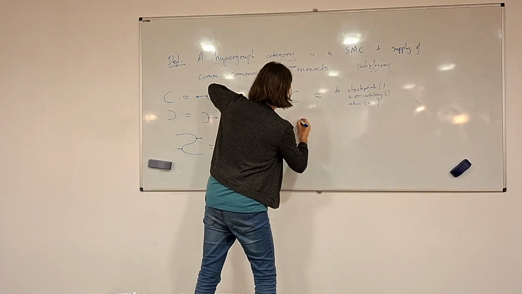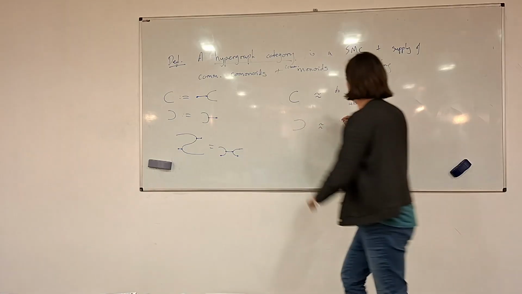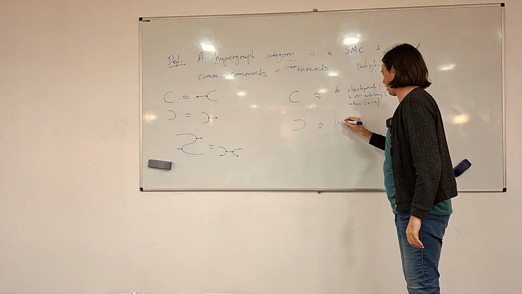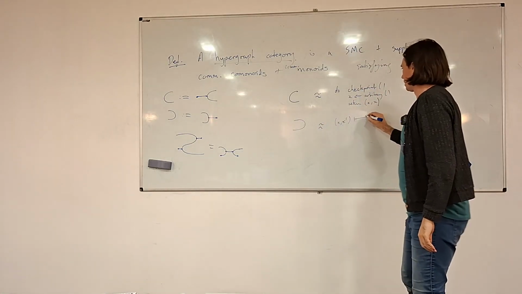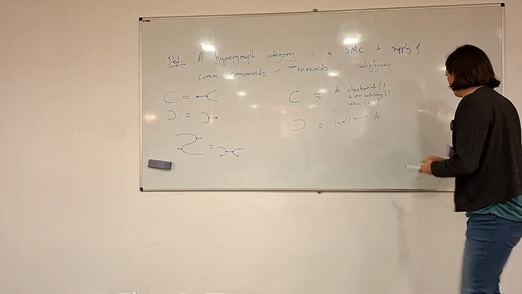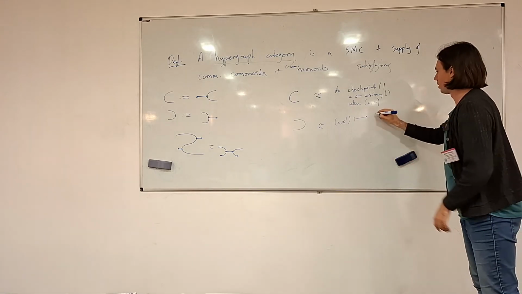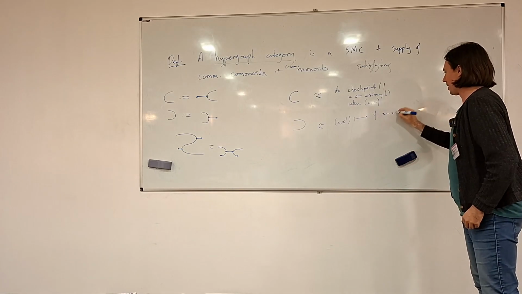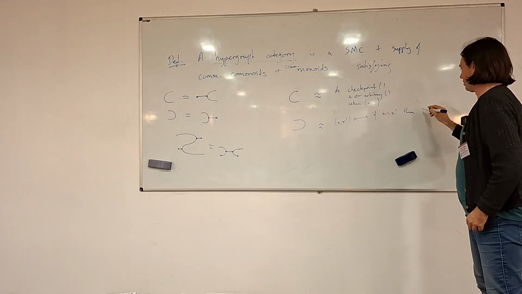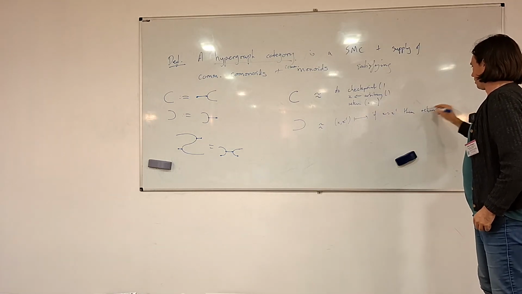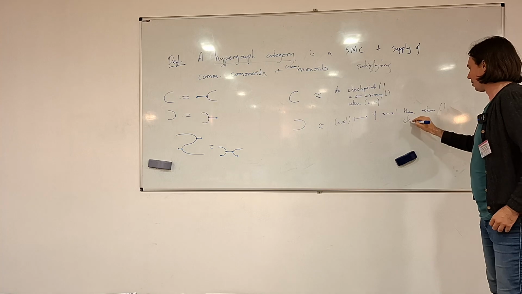This other thing is like, I input some x prime, and I say if x equals x prime, then I'm done, else backtrack.